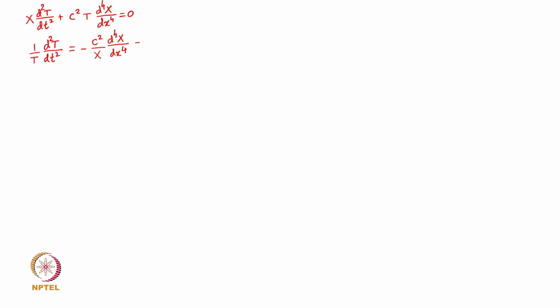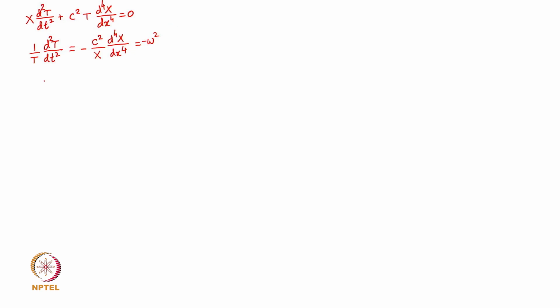And because each of these terms is a function of only one variable, two different variables x and t, and they are individually equal, it actually means that I can equate it to a constant, and I will treat this constant as minus omega square. Okay.